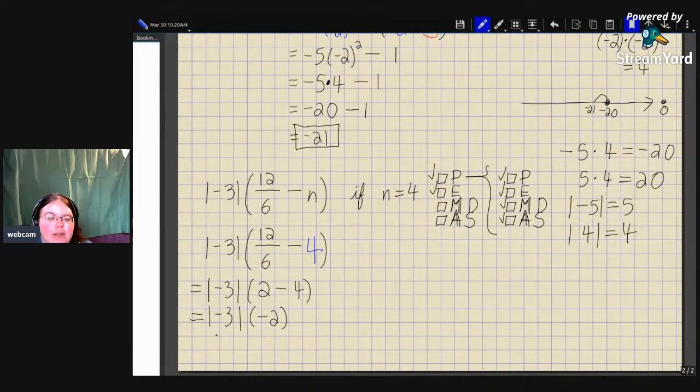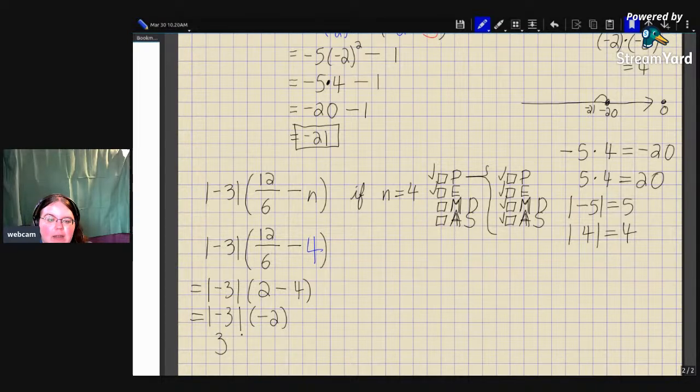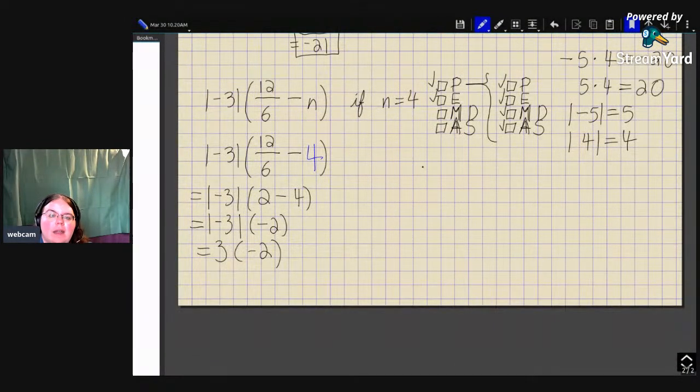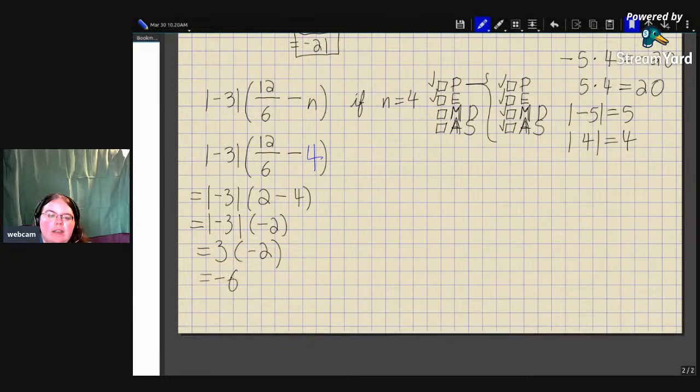So the absolute value of -3 would be 3. And then 3 times -2 is -6. Okay, so now we don't have anything else to do because it's down to a single number, and that's what we wanted. So that would be my answer.